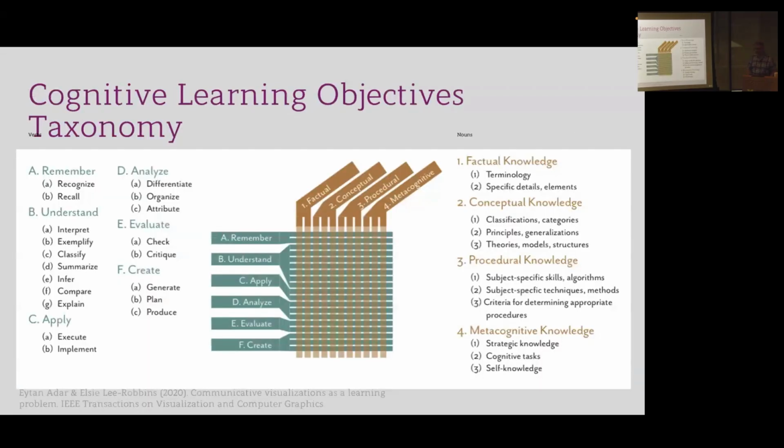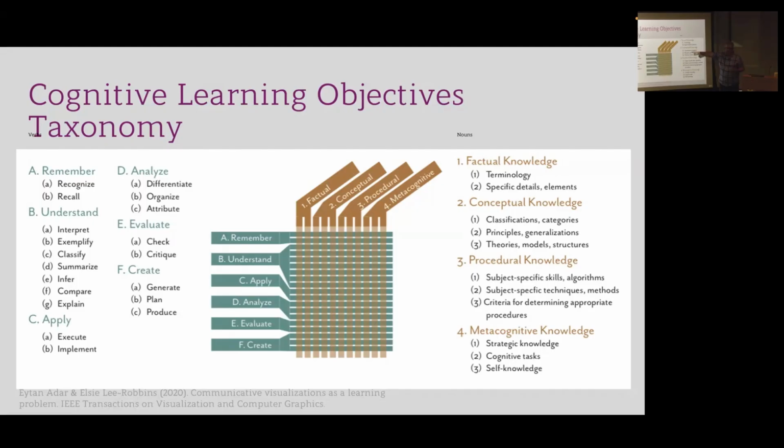So the way we set about to do this, and help designers do this more effectively, is we used a variant of Bloom's taxonomy. If you ever construct learning objectives, you may be familiar with Bloom's taxonomy. You're basically going to describe your learning objectives as: the viewer will be able to verb to noun.